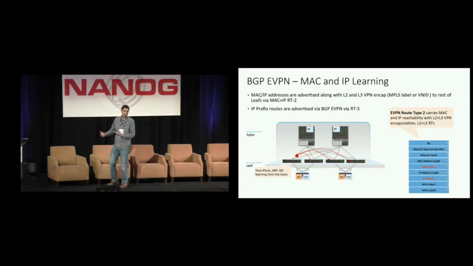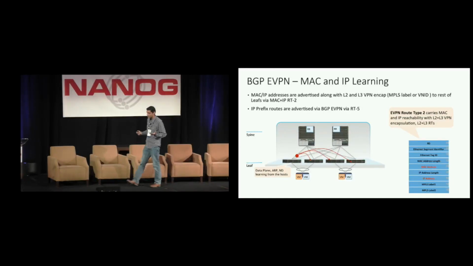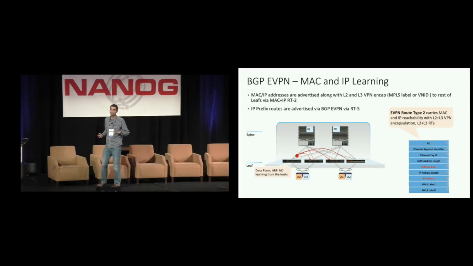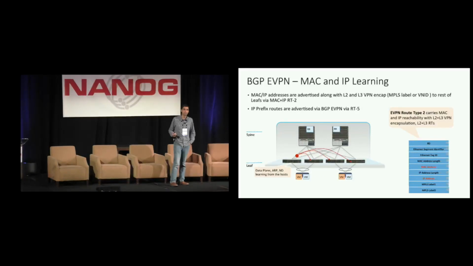Similarly, the host IP also must be advertised to all the leaves that are part of the layer 3 VPN instance in the data center. This is accomplished via an EVPN MAC plus IP route, route type 2, which is essentially a route that carries both MAC and IP route advertisement to all the other leaves in the overlay.